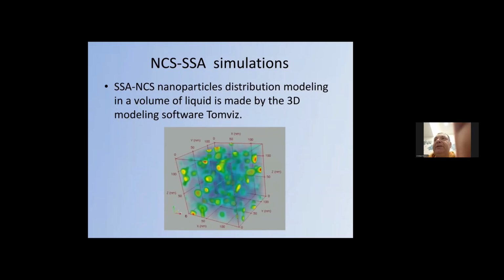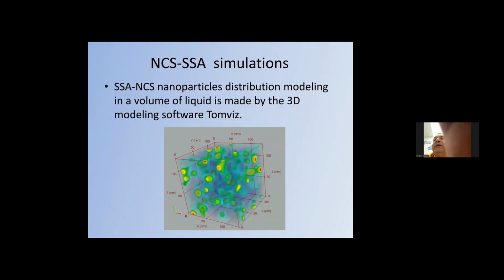Also, because these molecules surround the nanoparticle of ferrite, here is another kind of simulation. The SSA nanoparticles distribution was modeled in the volume of liquid using the three-dimensional modeling software TOMVIS.